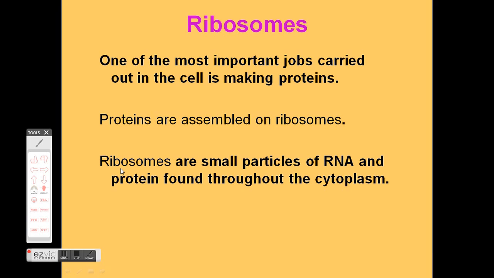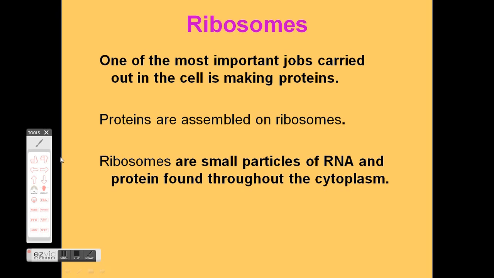So after the nucleus, we have these little guys called ribosomes. And ribosomes are tiny little molecules whose main job is to make proteins. So these guys are the protein factories of the cell. Proteins are assembled there. They're made up of ribosomal RNA as well as other proteins.